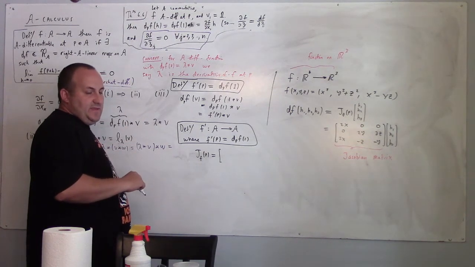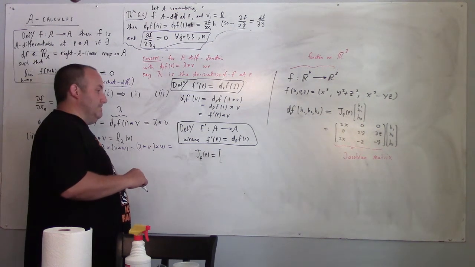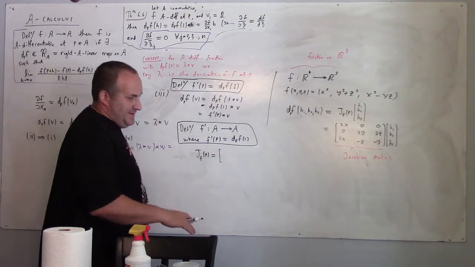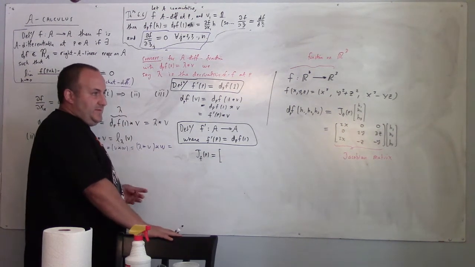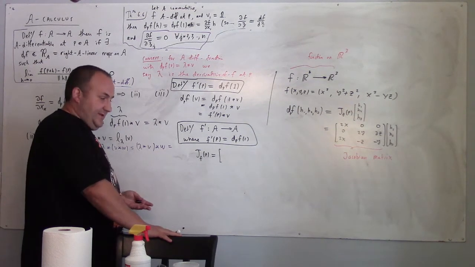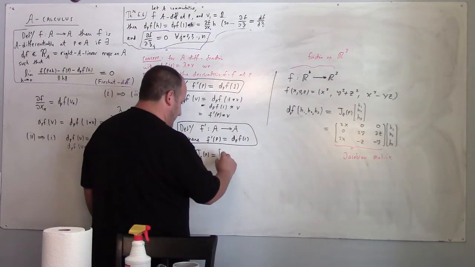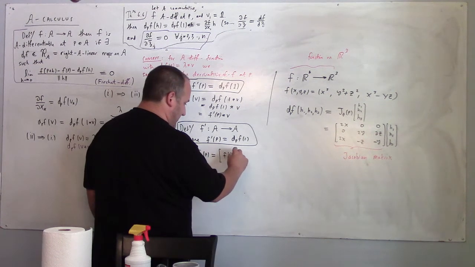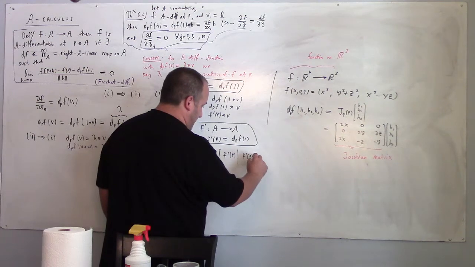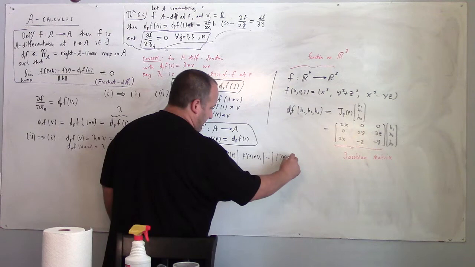Suppose, just for the moment, for the sake of not getting into the basis dependent so much, that the first basis element is the identity. In that case, dpf of 1 is the first thing. So f prime of p is the first column. Then you'd have f prime of p times v2, f prime of p times vn.